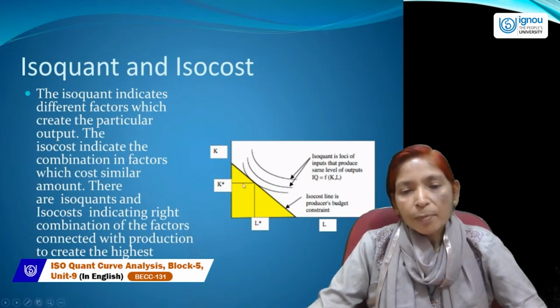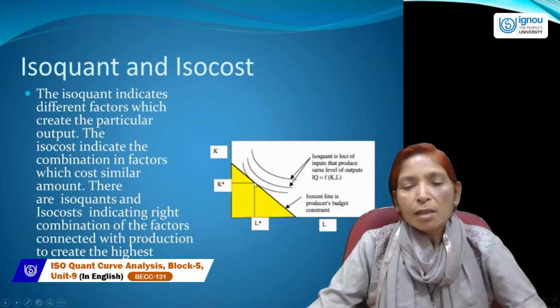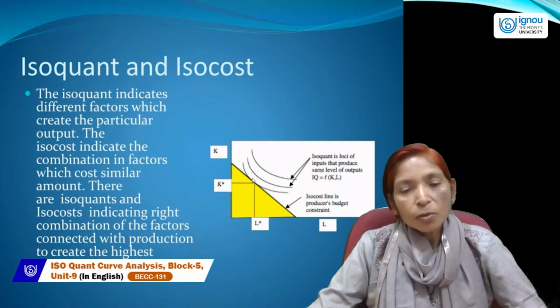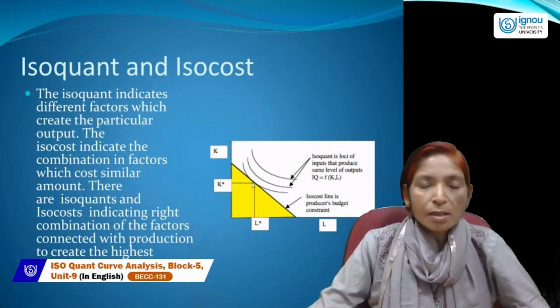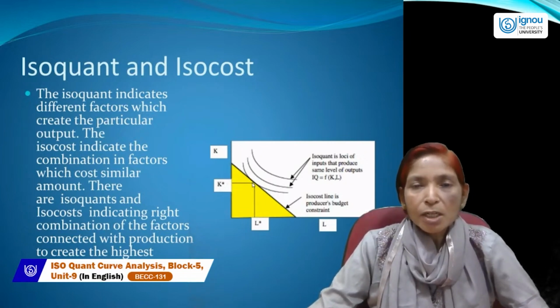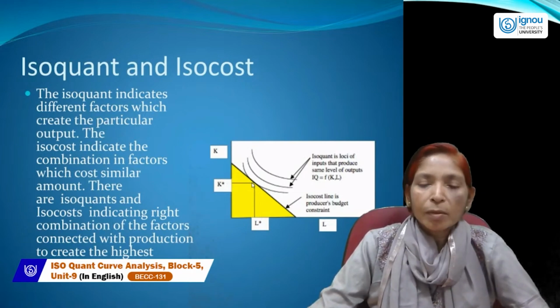And a convex shape curve is called isoquant curve, where the isoquant curve and isocost line slopes are equal, and the isoquant curve is tangent to the isocost line. That is called least cost combination or producer equilibrium.